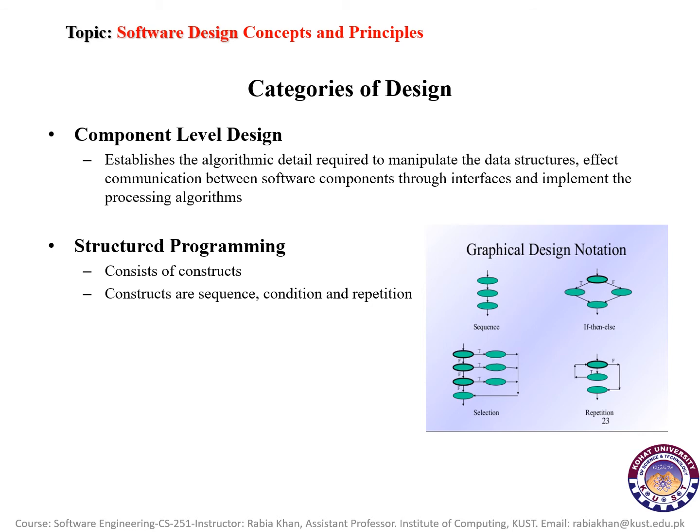Component level design, which is also known as the procedural design, occurs after data, architectural, and interface designs have already been generated. The intent is to translate the design model into operational software.